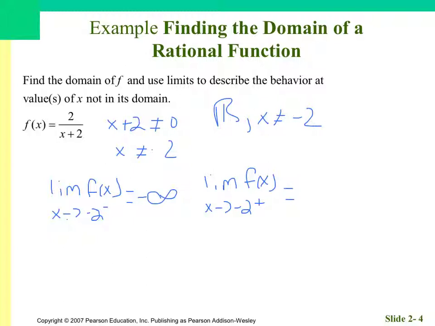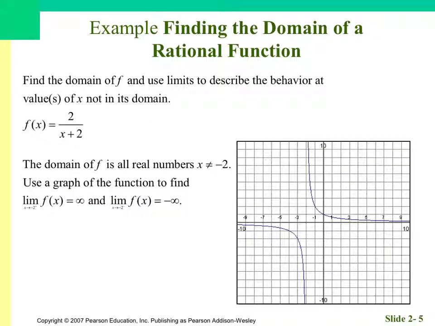Negative infinity. As it's approaching it from the right side, where is it heading? Positive infinity. Okay? So let's take a look at the graph and let's see if we got the domain and everything right here. Yep.